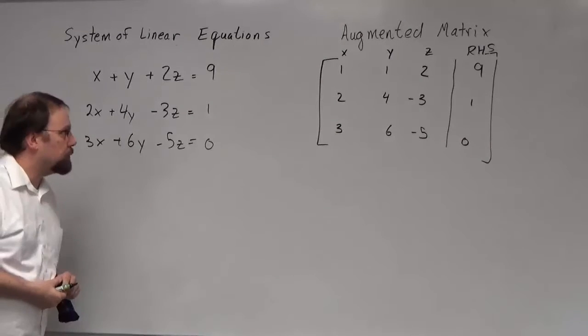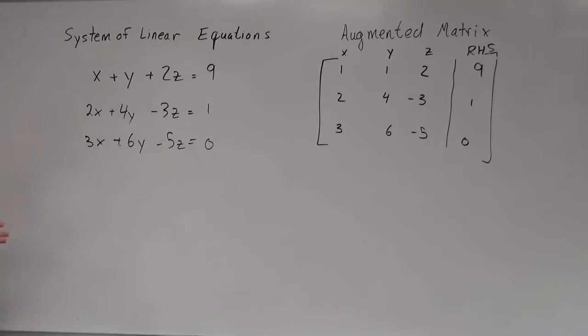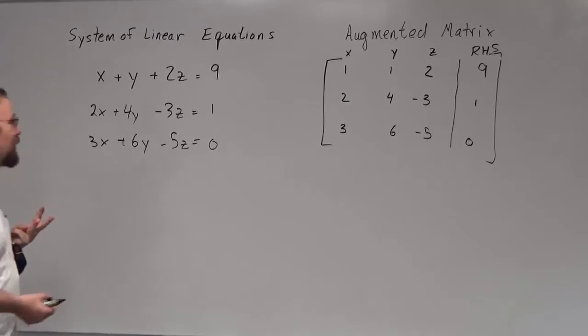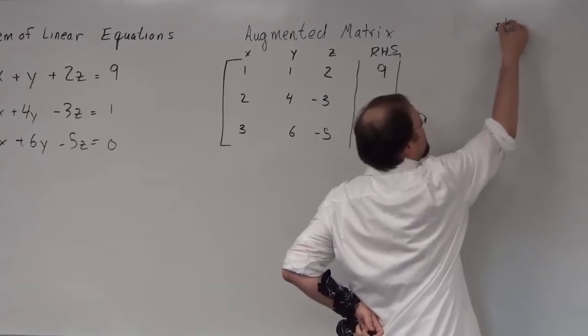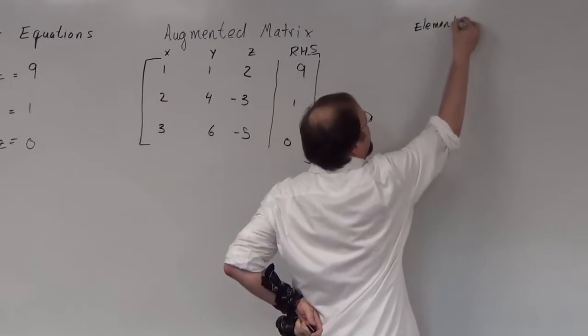Okay. And so how did we reduce this matrix? Well, we were told that we can only use 3 types of operations. So the 3 types of row operations are called elementary row operations.